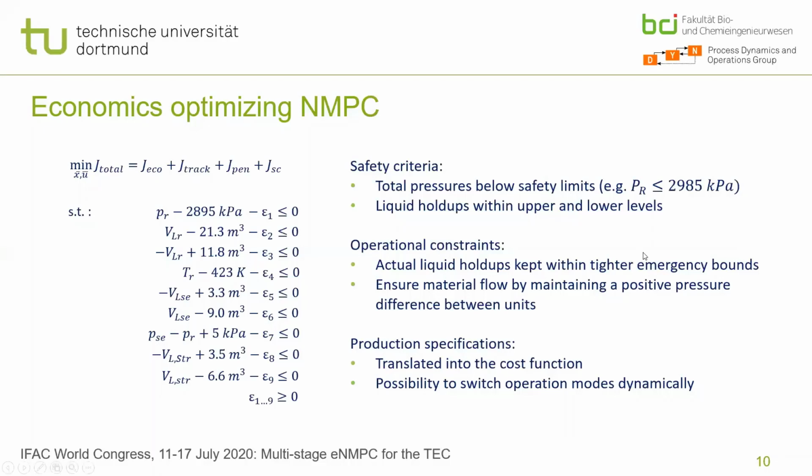One example would be the pressure in the reactor, which is not allowed to surpass a certain high limit. There's also constraints on the liquid holdups in the units and on the pressure differences between units. In this case, we have implemented all of them as soft constraints, which is a common industrial practice. We have a total of 9 constraints here.